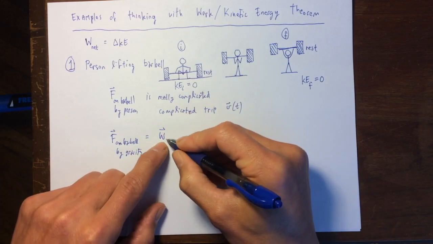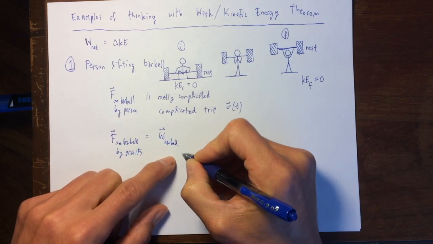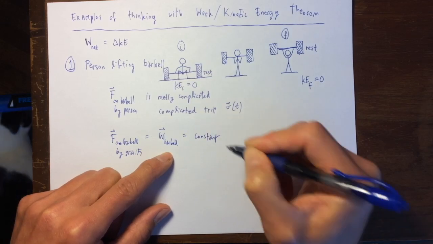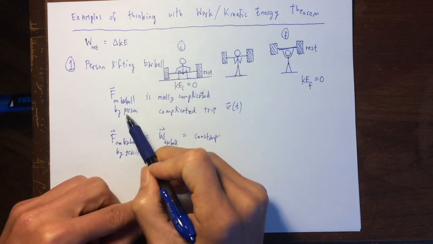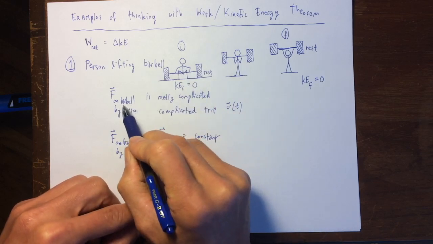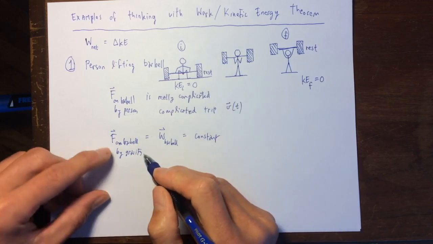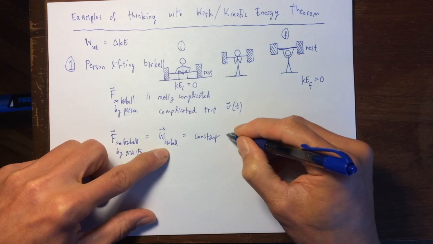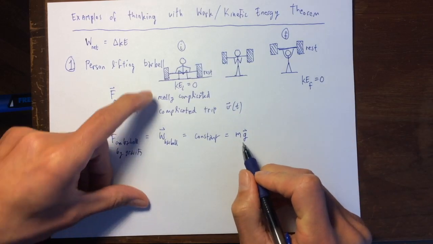The interesting thing is the weight force on the barbell is always constant. And this person is acting on the barbell with some complicated force during the trip. But the weight force on the barbell is always really steady. It's just mg, where m is the mass of the barbell.